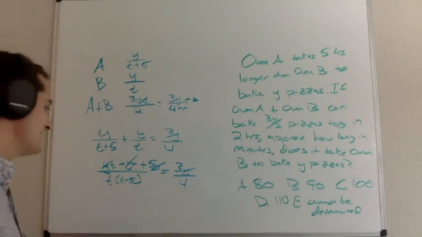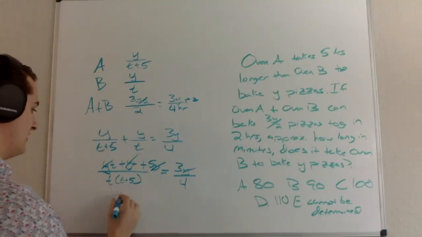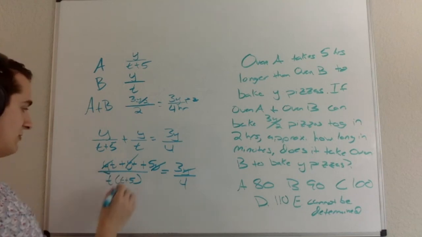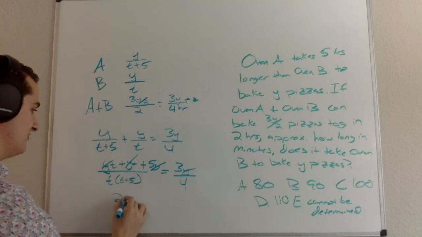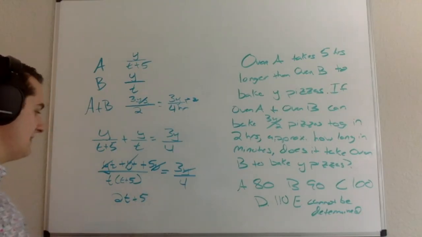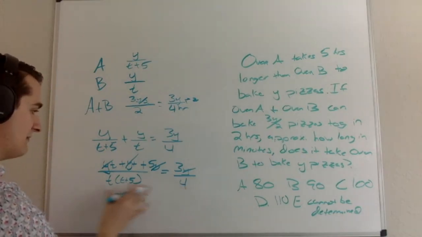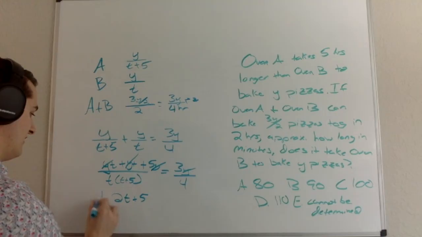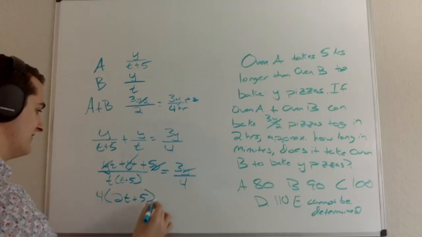On this side, in the numerator, because I have Yt plus Yt, I'm going to have 2t plus 5. And then I'm going to cross multiply, so I'm going to have 4 times 2t plus 5.